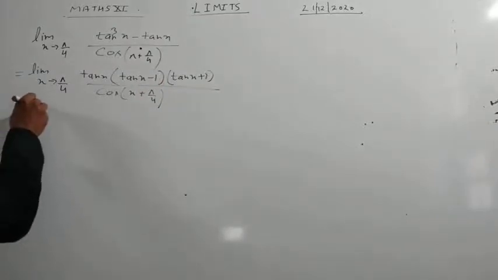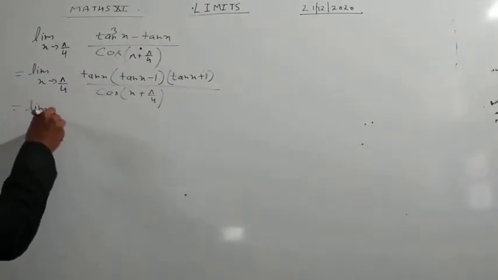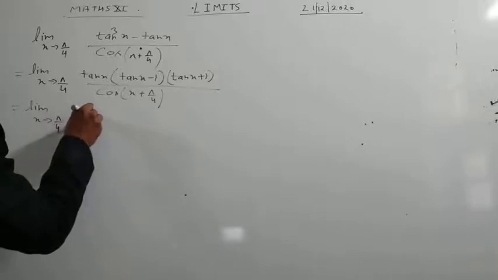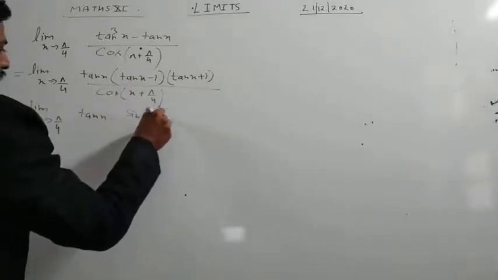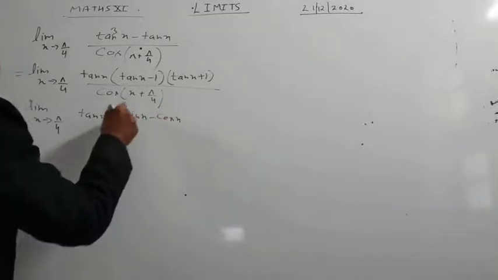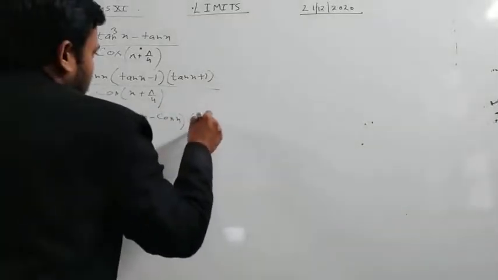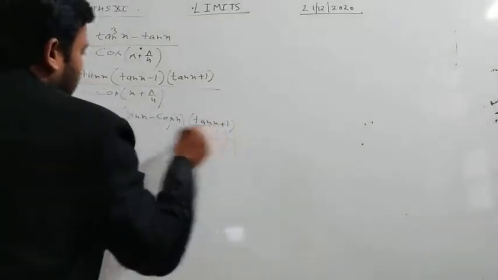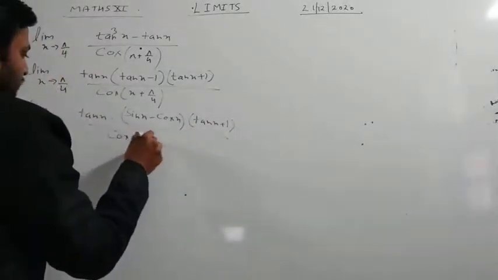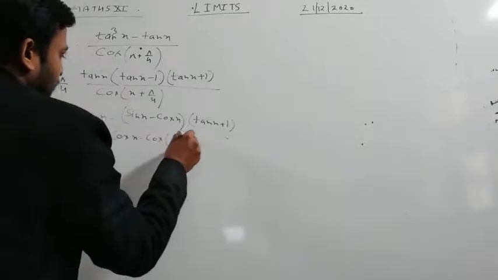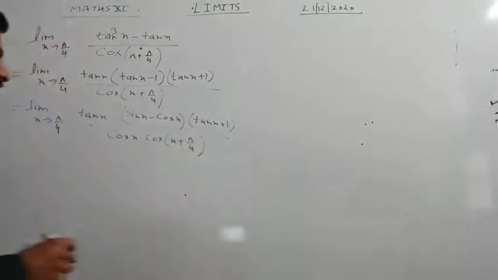Now tan x is sin x minus cos x by cos x, times (tan x plus 1) by cos (x plus pi by 4).